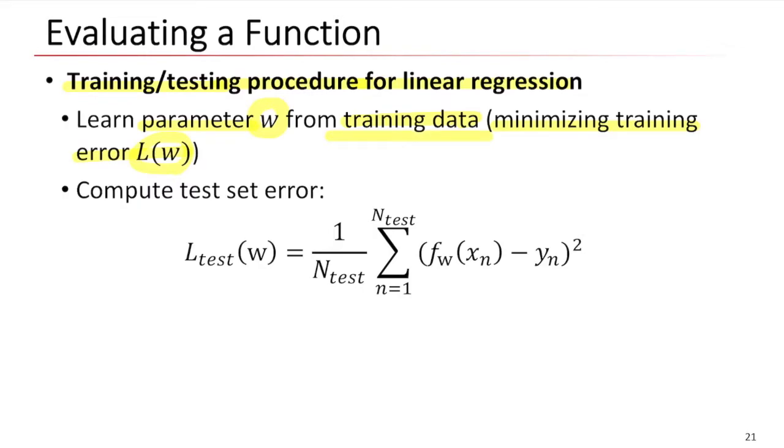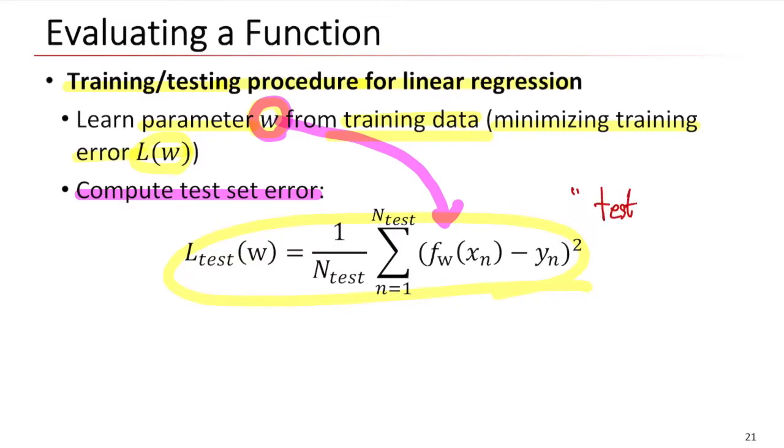And then after training, we can use this parameter to compute the test error. This is exactly the same as the loss function in the training phase, but it is computed in the testing phase.